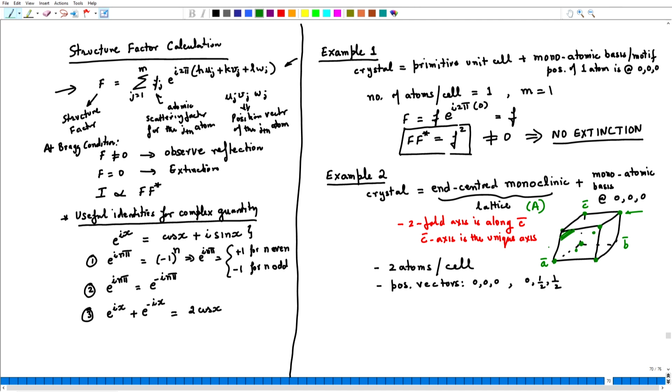So, in all cases let me call this as the origin. So, this atom, let me call this as atom 1, and this is atom 2, which is at the rear face center. So, this is atom 1 in the unit cell, and this one refers to atom 2 in the unit cell. So, atom 2 coordinates is clearly 0, half, half.